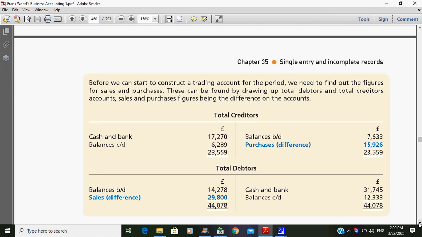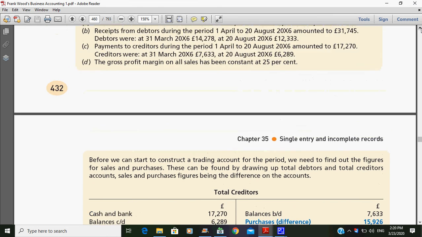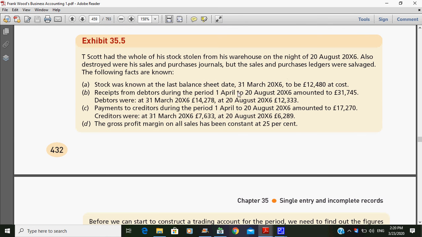Then total debtors now. Same procedure. The balance b/d in this case would be 14,278, coming from March 31, 2006.